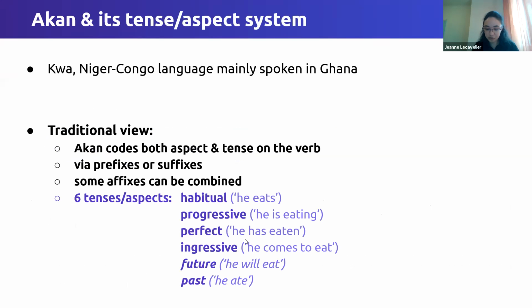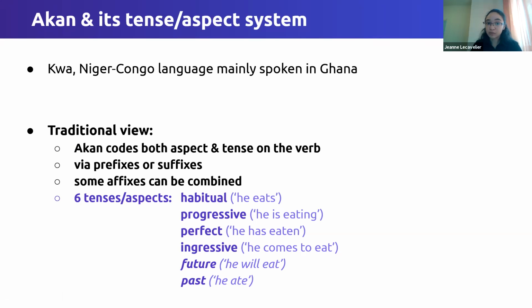And now coming to the main topic. Our project was on Akan, which is a Kwa language, which belongs to the Niger-Congo family, and it's mainly spoken in Ghana. The traditional view of Akan says that Akan codes both aspect and tense on the verb. It codes them via prefixes or suffixes, depending on which one we want to code.